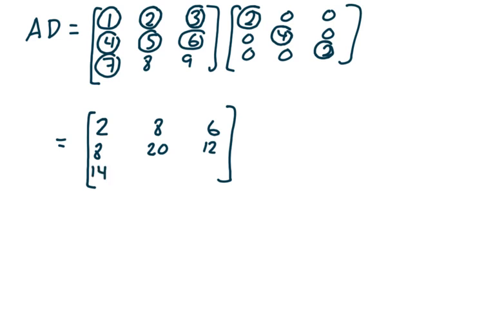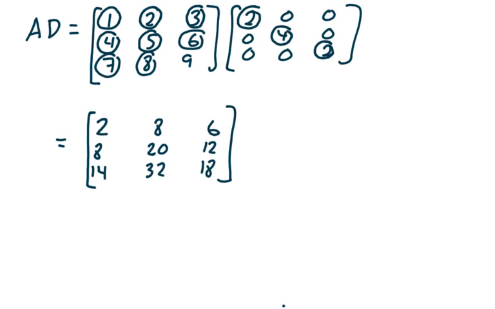So notice how every entry in the first column of A got multiplied by 2 to get the first column of AD. Let me say that again. Every entry in the first column of A got multiplied by 2 to get the first column of A times D. Then I'm going to take 8 times 4 to get 32, and then 9 times 2 to get 18.